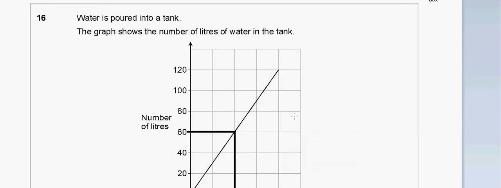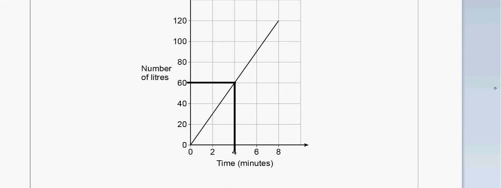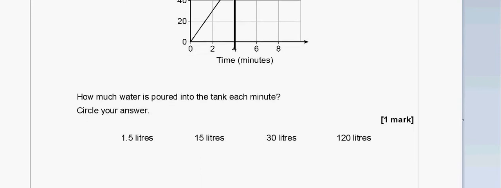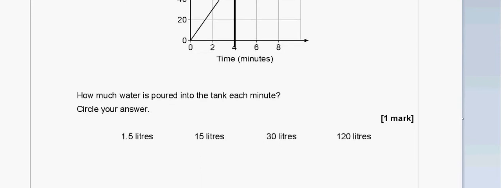Okay, so 16. Water is poured into a tank. The graph shows the number of litres of water in the tank. Okay, so the water's going in at an even pressure, or it's filling evenly, and how much water is poured in the tank each minute.